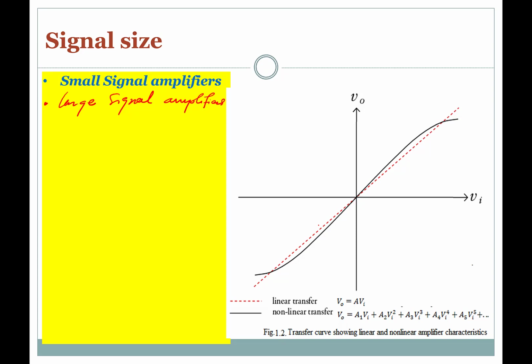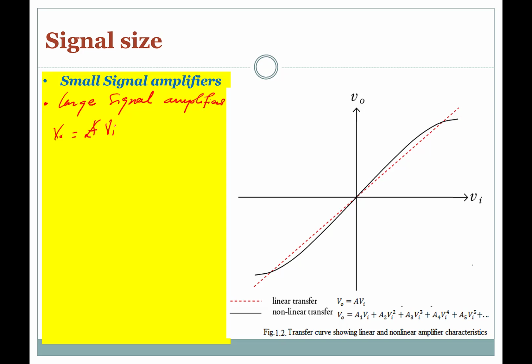And in that case, we can say that the output voltage V0 is equal to the gain times the input voltage Vi. That is, the output level is simply proportional to the input and the amplifier's voltage gain. That is, we can say that AV is equal to A1.